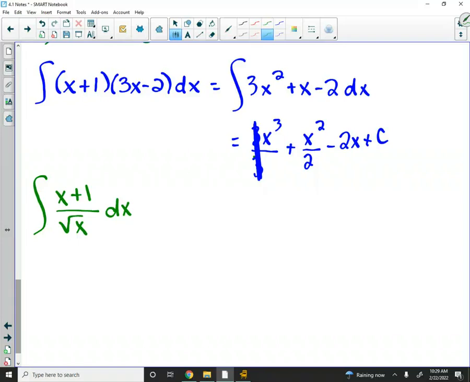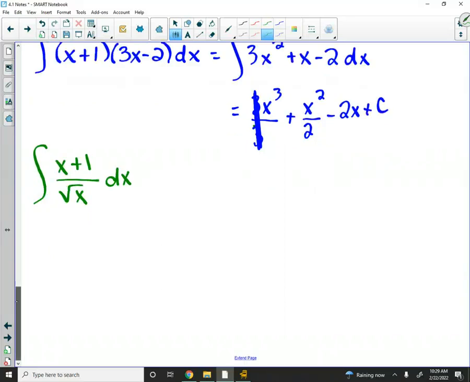Good news, bad news situation again. No quotient rule for integrating, so nothing to memorize. But you've got to find a way to get rid of the quotient then. So there are two methods, and it really comes down to a matter of preference. So I'm going to show you both methods because some people just feel more comfortable with one or the other.